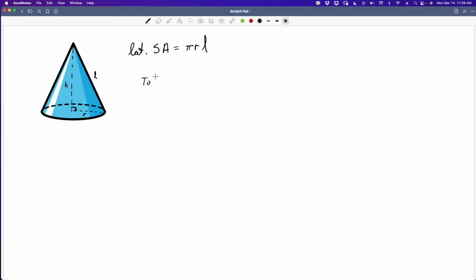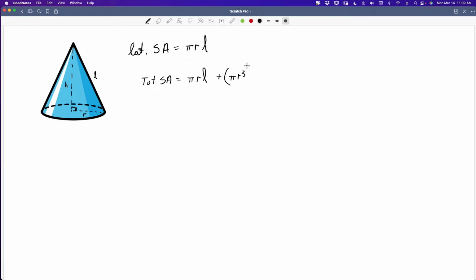So total surface area is going to be pi r times the slant height plus the base, which is going to be pi r squared.